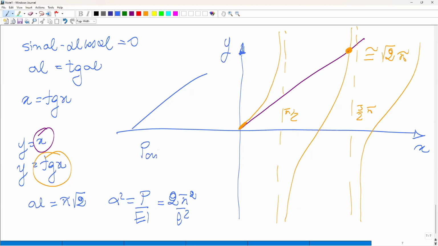Means the critical load equals 2 pi square EJ over L square.